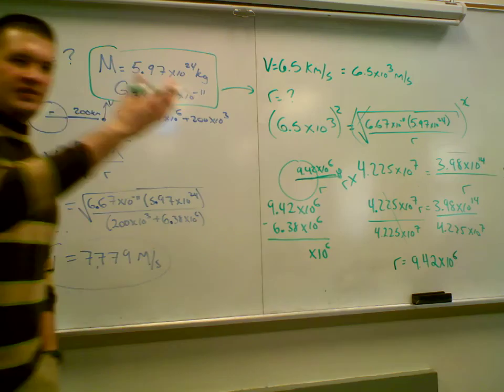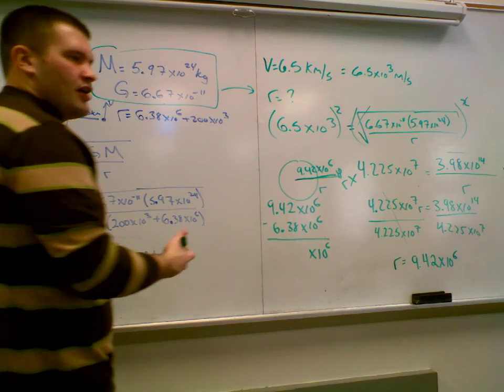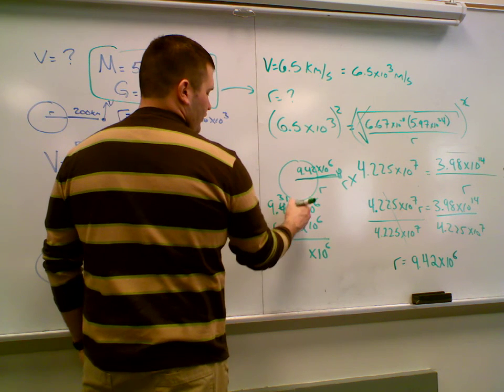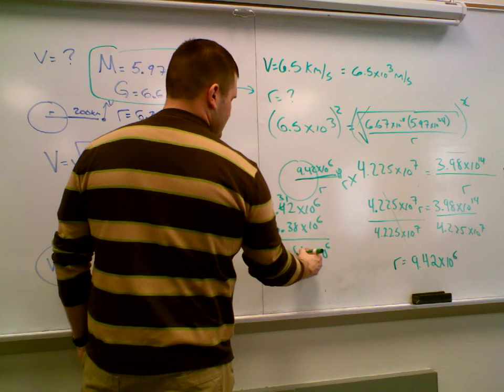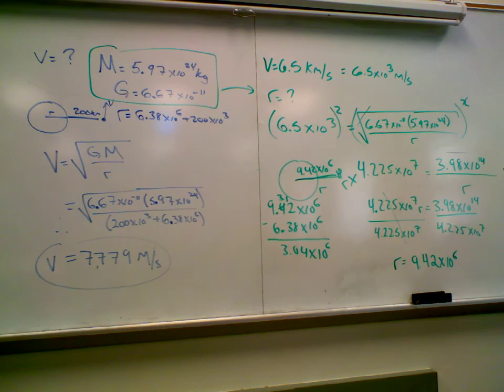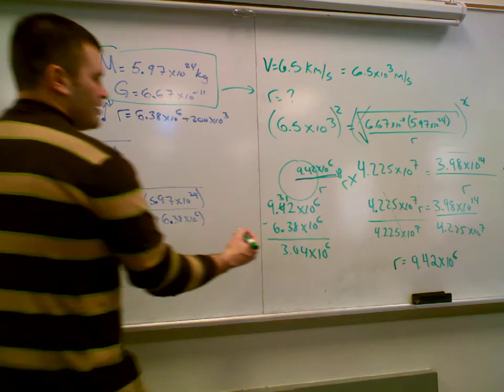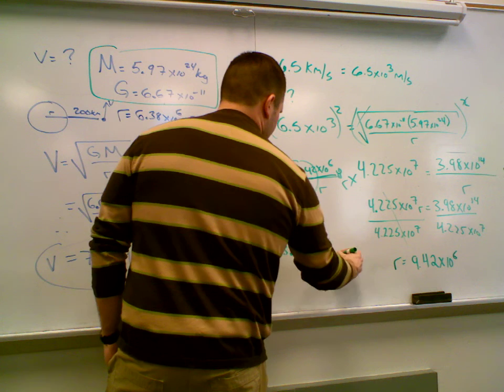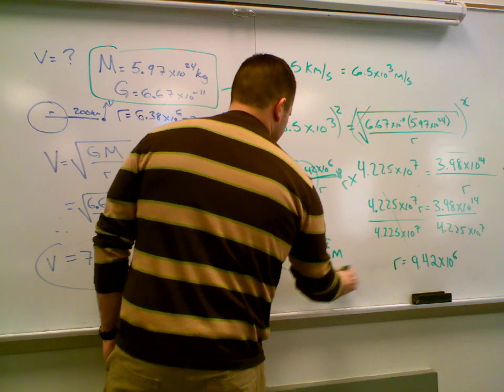So times 10 to the 6th comes down, and then we can do long subtraction, or use your calculator. 3.04 times 10 to the 6th. That means the satellite is about 3,000,000 meters above the surface of the Earth.